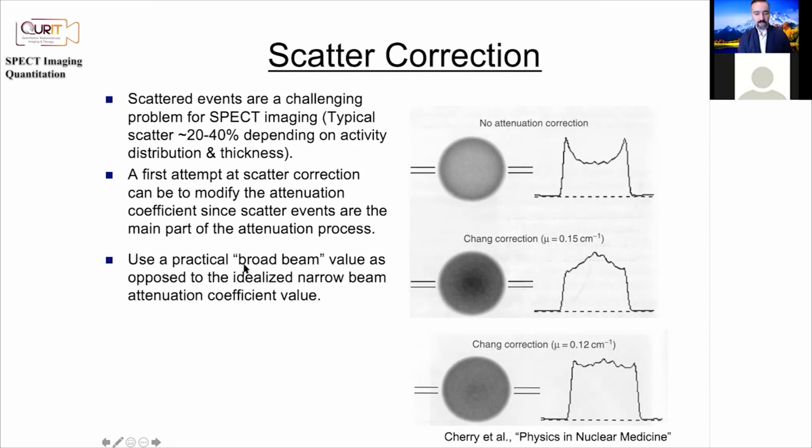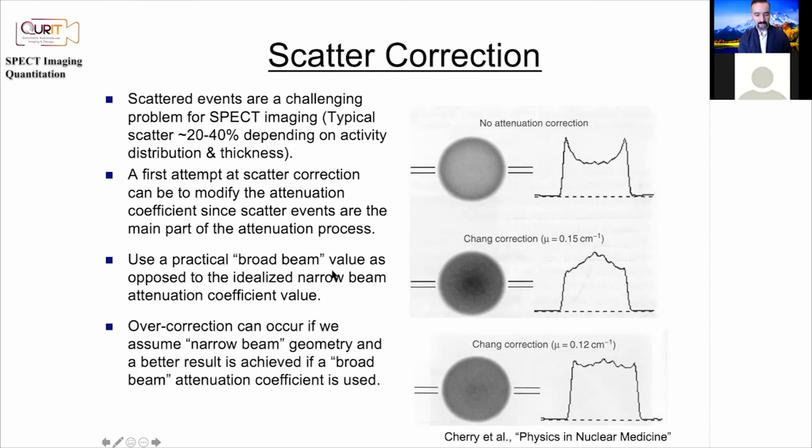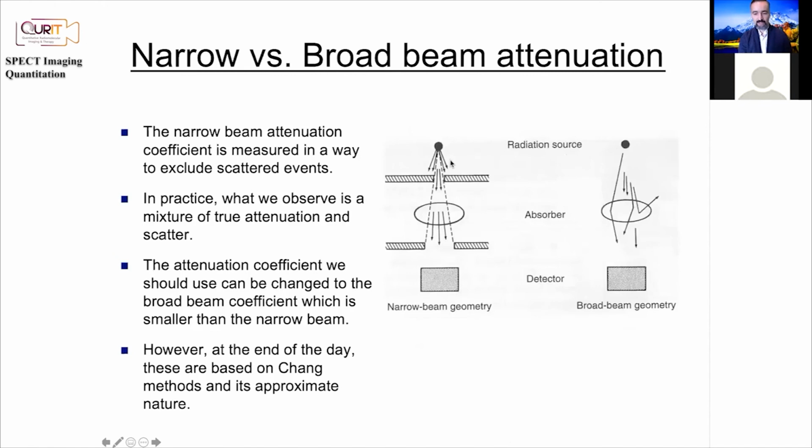Some people call this broad beam correction, and it's because you think about it differently. If you have a narrow beam that's going through here, all you worry about is attenuation along this path. But if you have a broad beam, meaning that the beam could be coming from different angles, it could be scattered from here to return back here. So some of the events that go here are scattered and then detected here.